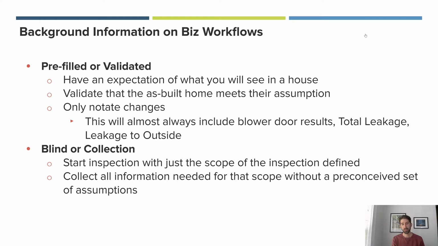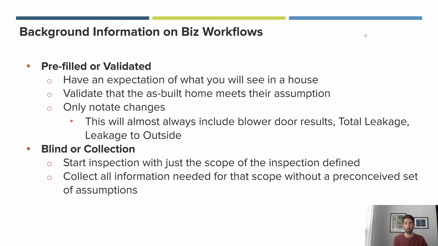Or this home, we anticipate it having R13 in the walls, and it's 2x4, and no continuous insulation. All of these things are expectations, and you're asking your field rater to either check a box, say, yes, I verified that this is what's there, and here's the photo that goes along with that, or I verified it, it doesn't match, this is actually what is in there, and here's a photo to verify that. This is more of a validation style.